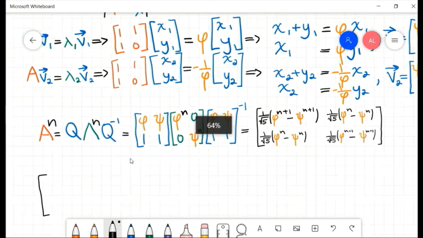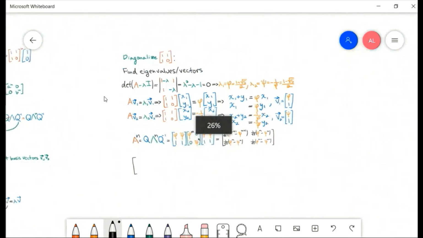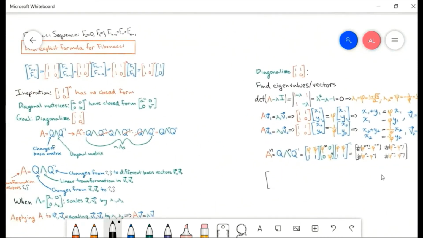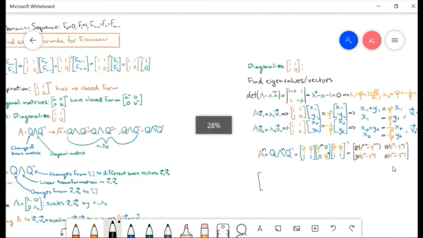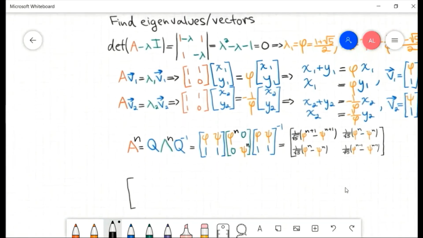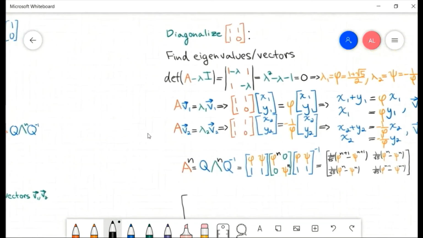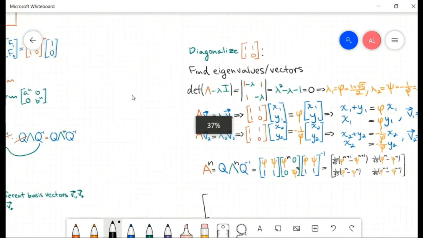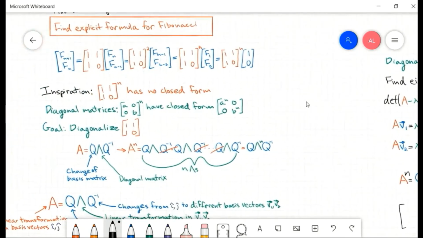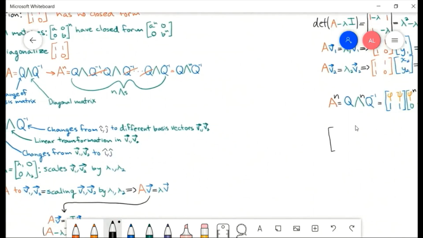And so now we go back to this right here. In fact, this is our closed form for A to the power of n. So we just diagonalized it. And now we can just plug this into this part right here.